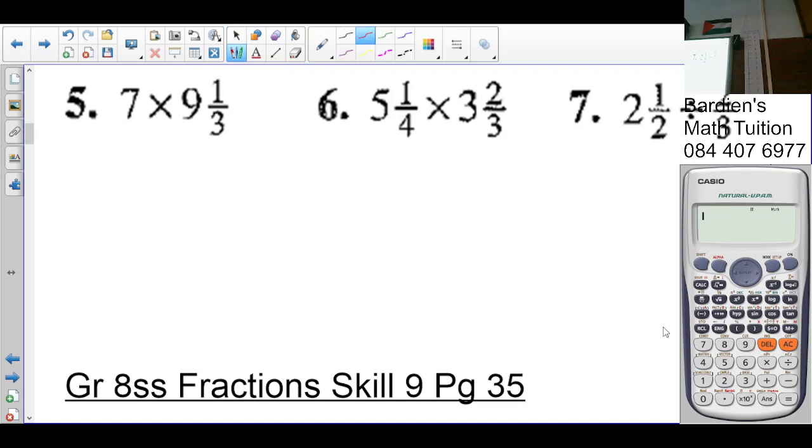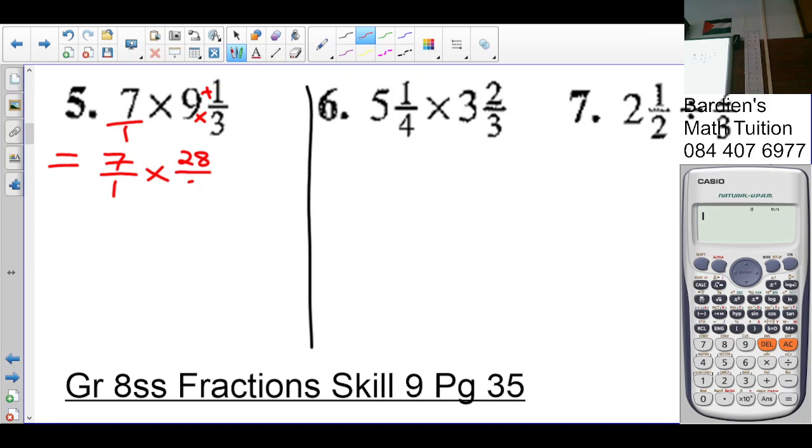So, looking at number 5, what needs to be done first? We convert. So 7 can be written as 7 over 1. 9 times 3 is 27 plus 1 is 28 over 3. You all agree with that? Is there any numerator and denominator that can simplify? 3 and 7?